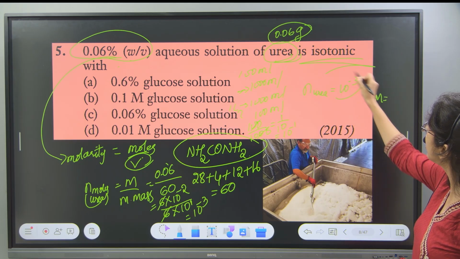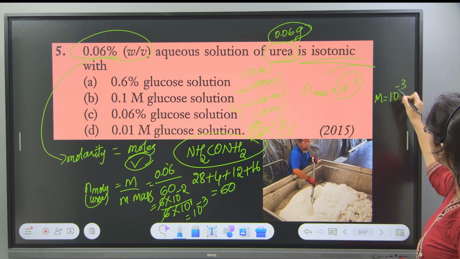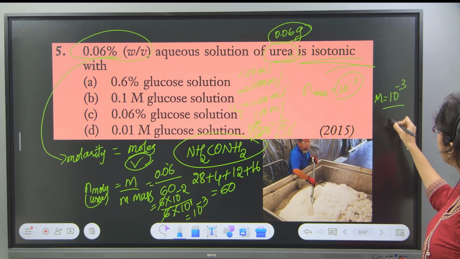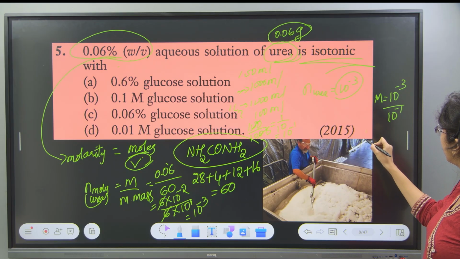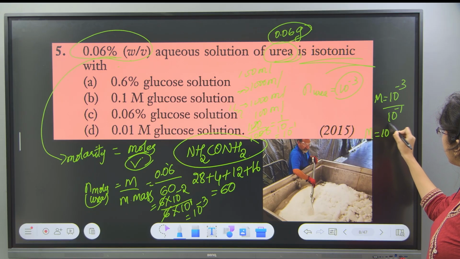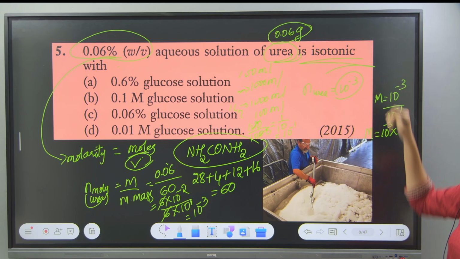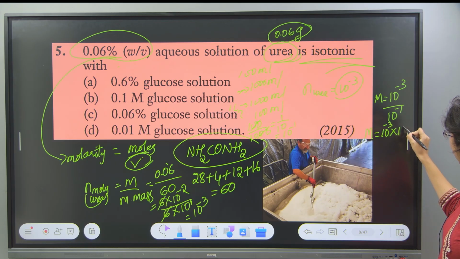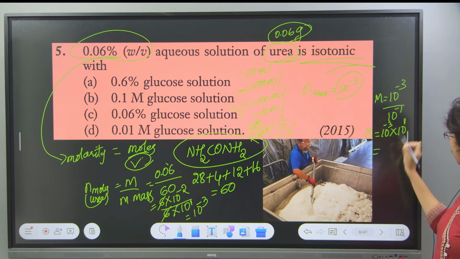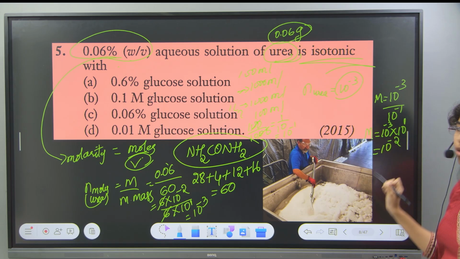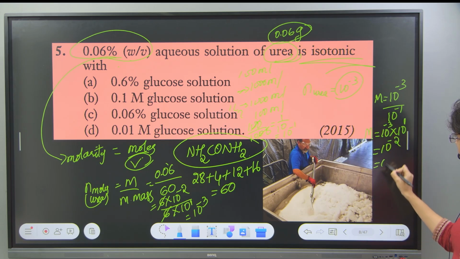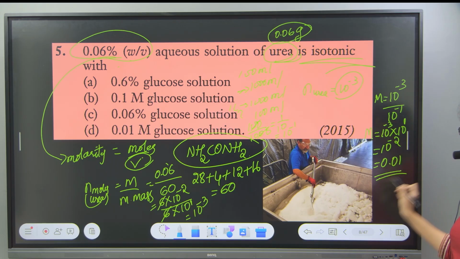Now we shall put this value over here. Molarity is moles, that is 10 power minus 3, divided by volume, that is 10 power minus 1. Take 10 power minus 1 to the numerator. What do you get? 10 power minus 2. 10 power minus 2 is 0.01. Correct?